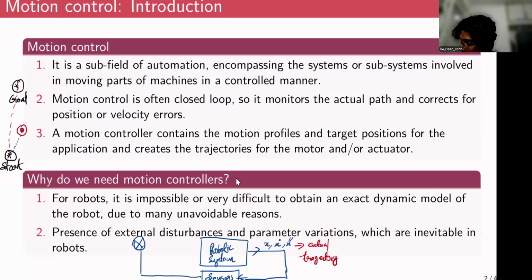And we would be feeding a desired trajectory into the controller. If I call this the desired trajectory, whatever we are giving as inputs, maybe I'll label them as xd, xd dot, xd double dot.